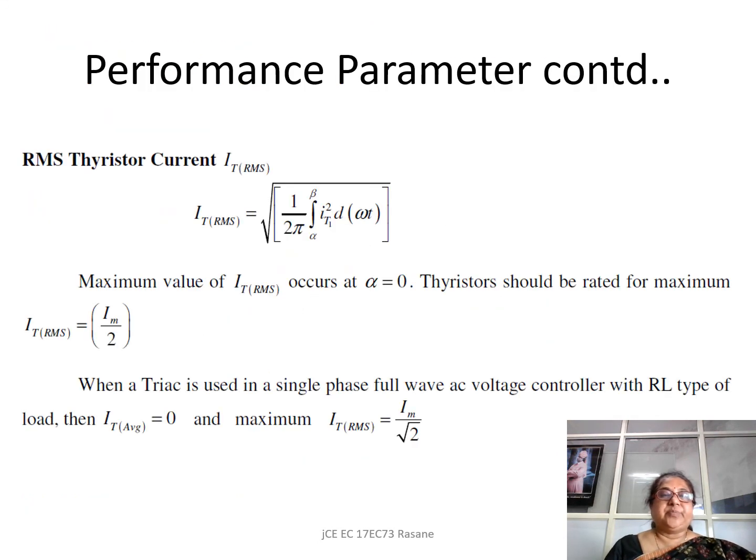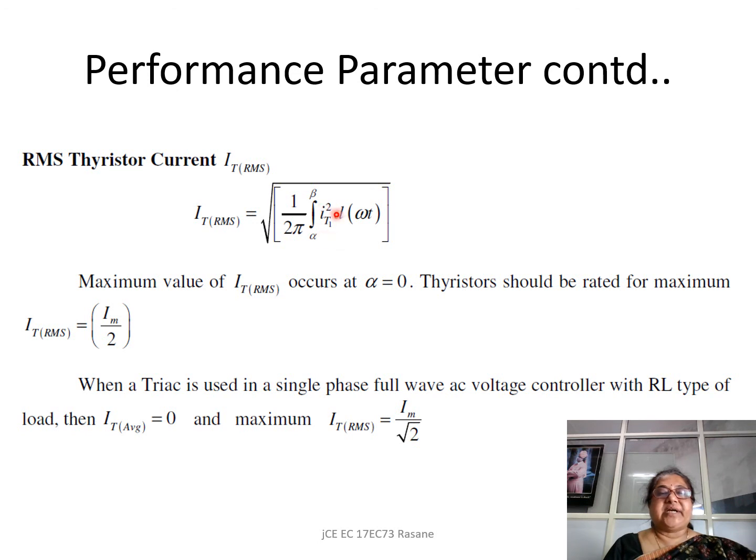Next, continuing with the performance parameters, let us look at the RMS thyristor current, IT RMS. Since we have a sinusoidal current flowing through the thyristor, we will have an RMS value of current flowing through the thyristor. The RMS value can be evaluated as the root of 1 upon 2 pi, integrating from alpha to beta, IT1 squared d omega t.